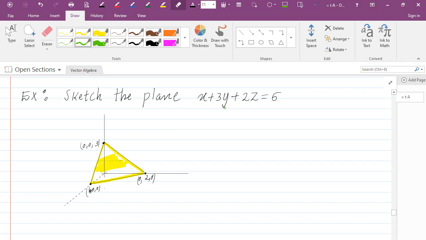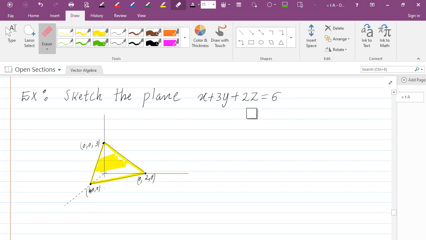If I set y and z to 0, then I see that x must be 6. So the x-intercept would be (6, 0, 0). Now to find the y-intercept, we set x and z to 0 and solve for y, and we see that 3y is equal to 6, and then y is 2. So the y-intercept would be (0, 2, 0).